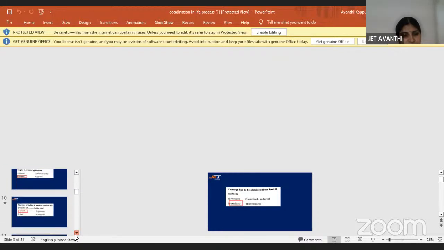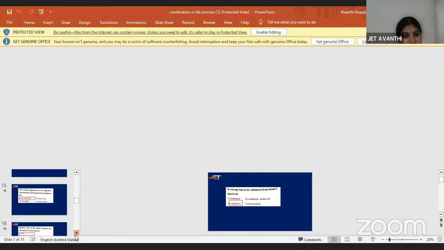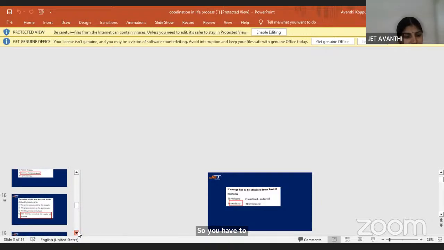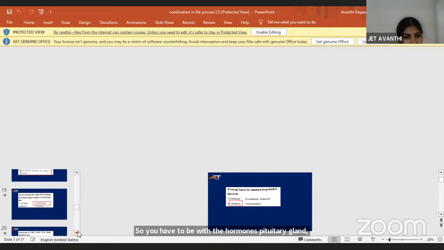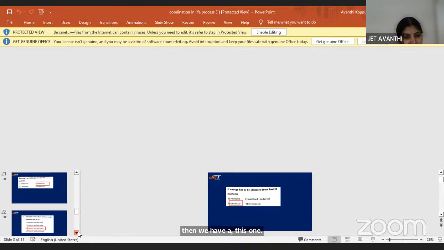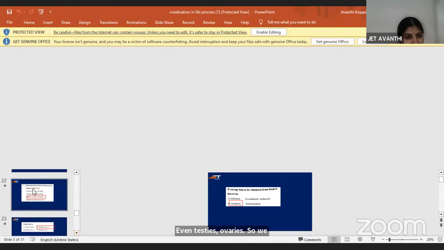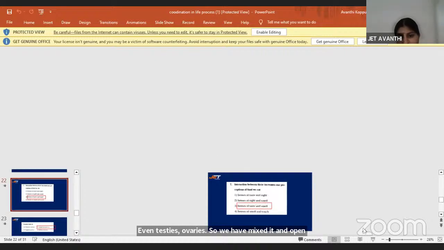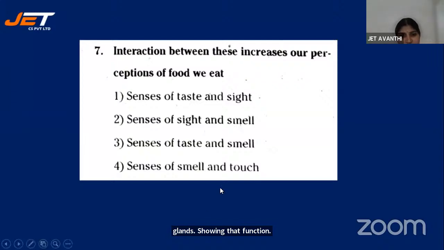You have to be thorough with the hormones, pituitary gland, adrenal gland, and even testes and ovaries. So we have mixed endocrine glands showing that function. All these things you have to be thorough with, children, and also tropic movements and nastic movements.